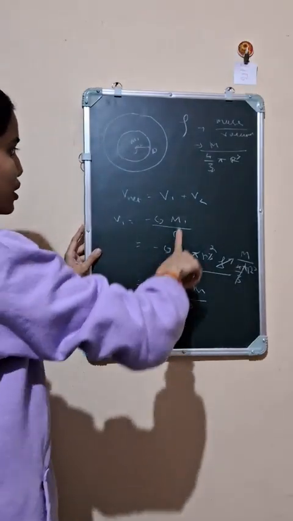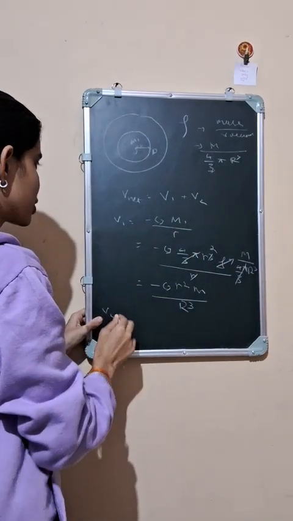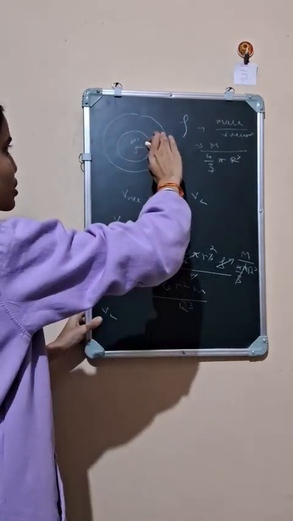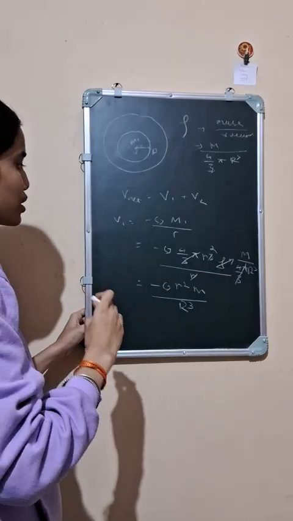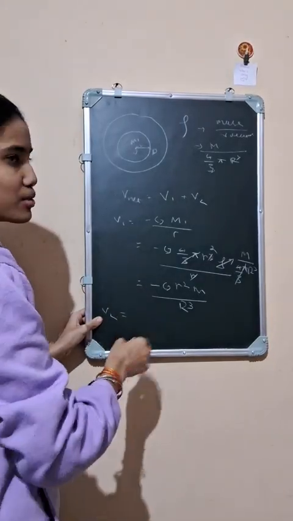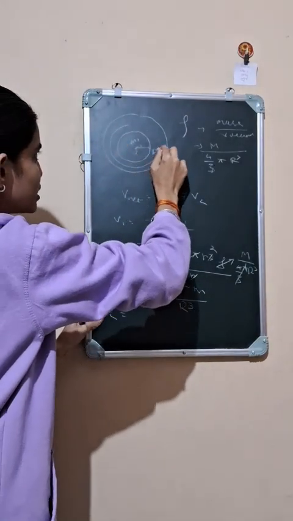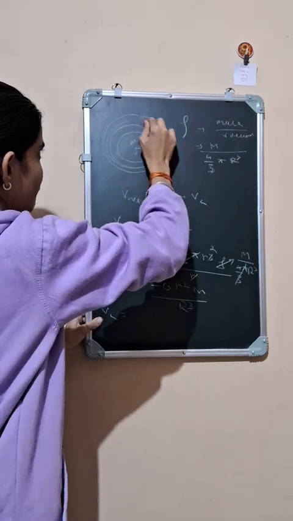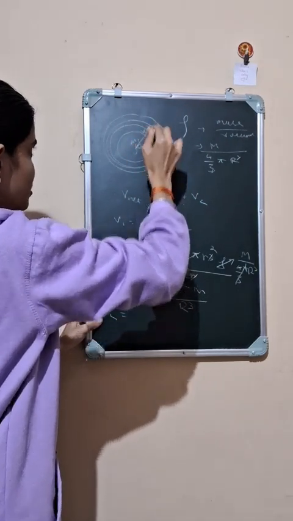So now we want to calculate V2, potential due to spherical shell. So potential due to spherical shell for a point inside the sphere will be equal to minus G m by r, radius of the spherical shell. Suppose here I have taken a spherical shell at a distance x from the center.